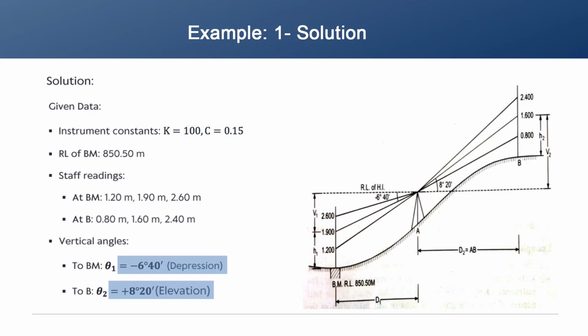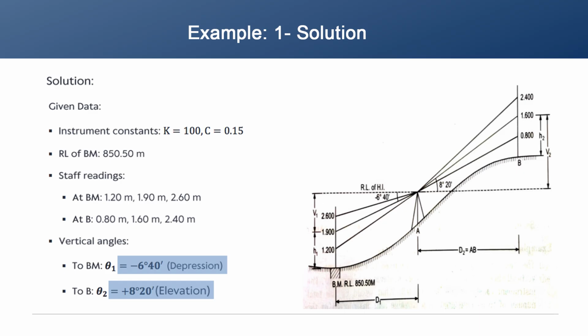The reduced level of the benchmark is 850.50 meter, and the staff readings at the benchmark are 1.20 meter, 1.90 meter and 2.60 meter, and at B the staff readings are 0.80 meter, 1.60 meter and 2.40 meter.